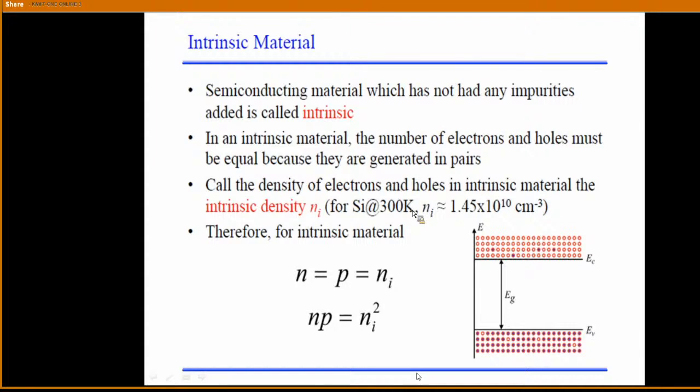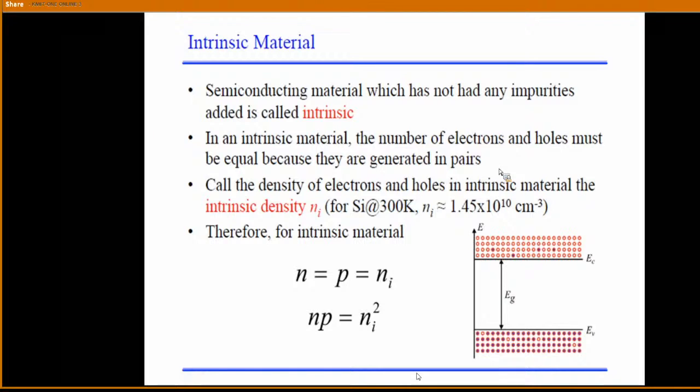Now, what is an intrinsic material? An intrinsic material is the purest form of a material, which contains an equal number of electrons and holes. A semiconducting material which does not have any impurities is called intrinsic. That's why it is called a pure semiconductor. In intrinsic material, the number of electrons and holes must be equal because they are generated in pairs. Electron-hole pairs will be generated.